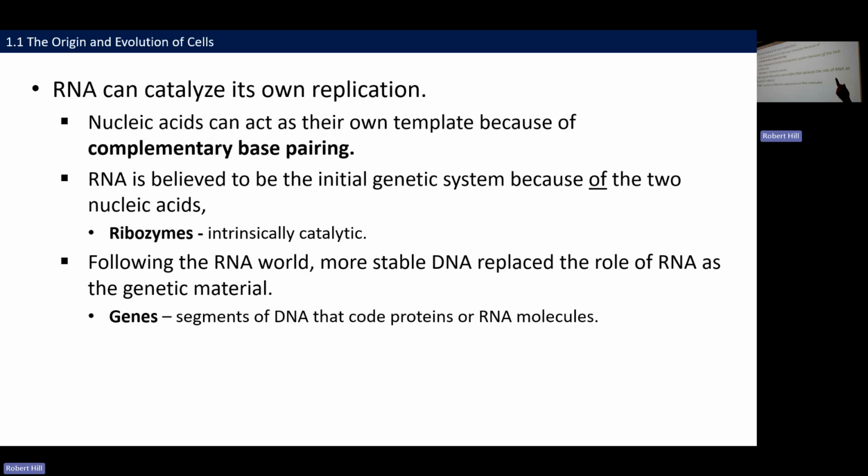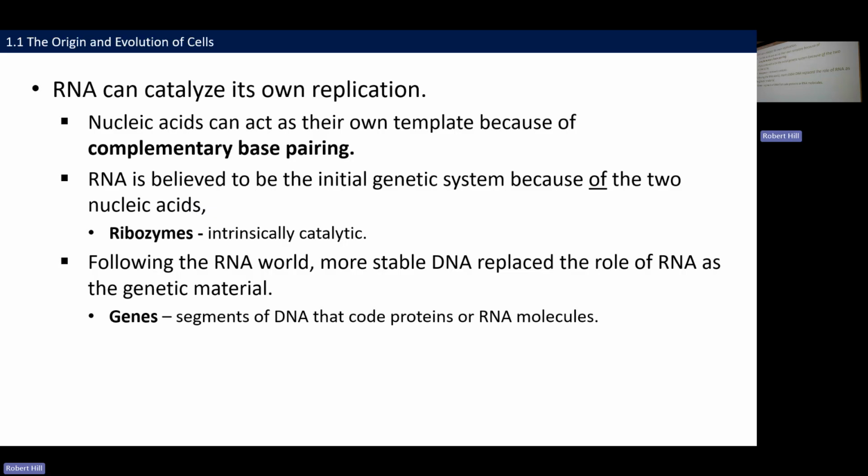So some RNA molecules can act as enzymes and also contain information within the molecule itself. That's why we term them ribozymes, because they're information molecules that can fold up into these different forms, and they are intrinsically, which means just by themselves, catalytic. So it's pretty obvious that the first information molecule was in fact RNA. And then over millions of years, that started to get replaced with the more stable DNA molecule.